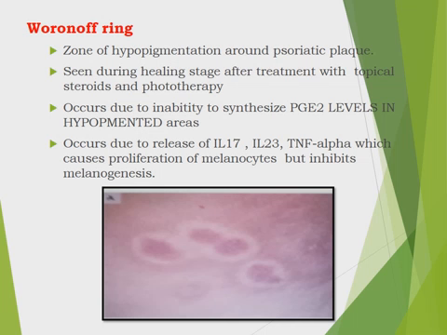Then inverse Koebner or Renbach phenomenon is when two autoimmune conditions occur in the same patient, and one autoimmune condition halts the progression of the other. What is Voronov sign? That is a zone of hypopigmentation around the psoriatic plaque. It occurs due to decreased prostaglandin E2 level and increased levels of interleukin 17, 23 and tumor necrosis factor alpha. Right.